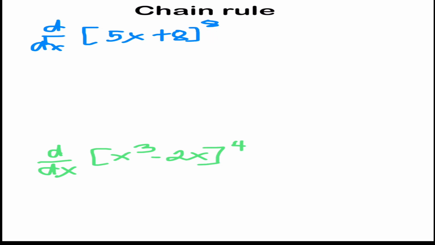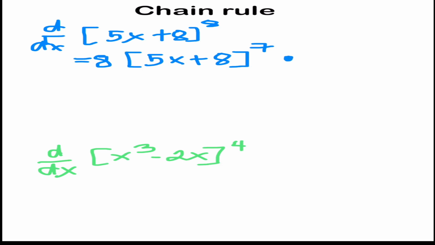After which, we are going to copy what is inside. So let's proceed. Let's copy 8 here. Then copy what is inside, 5x plus 8. Then subtract 1 from the exponent. So 8 minus 1 is 7.